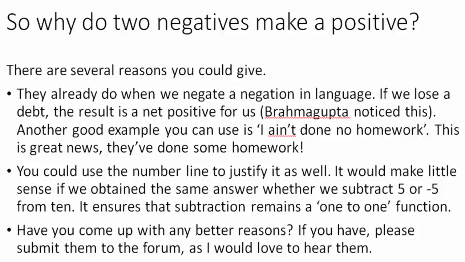And so if they go to exactly the same value under subtraction as positive 5 does, like I say, it means subtraction actually becomes a one-to-many function, and that's actually a real problem. It's A-level stuff, but it can certainly cause issues. You want just one answer to 5 minus a particular number. If two different numbers give you the same answer, it becomes a many-to-one function, and that's a real problem.